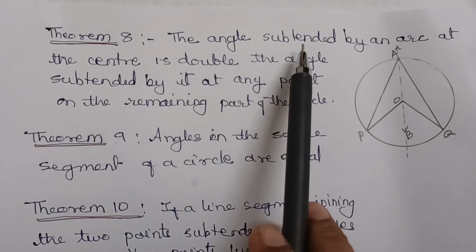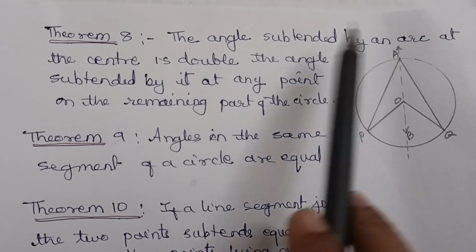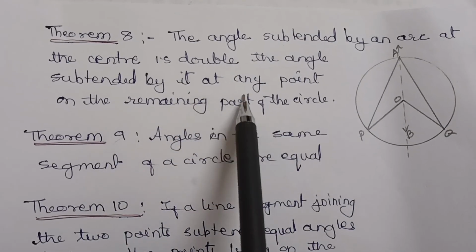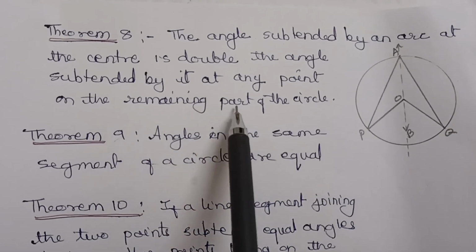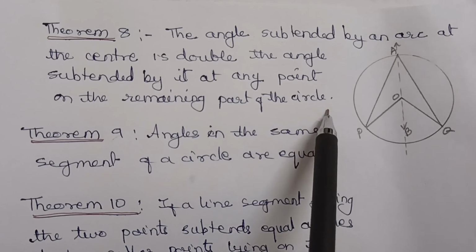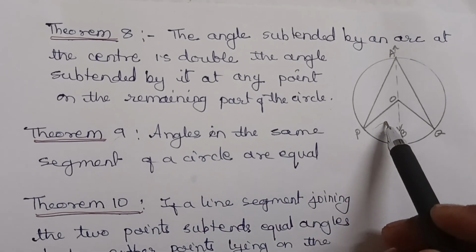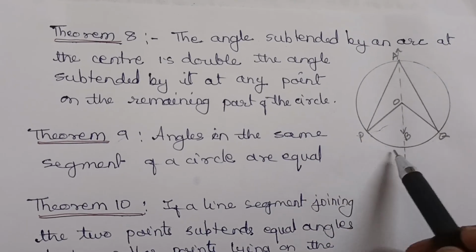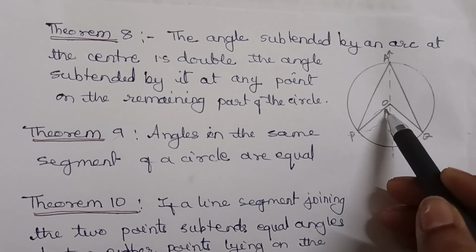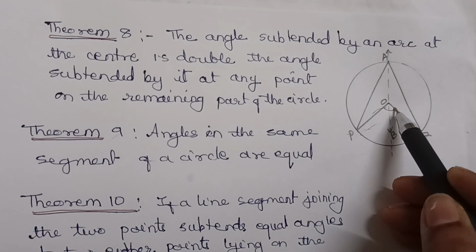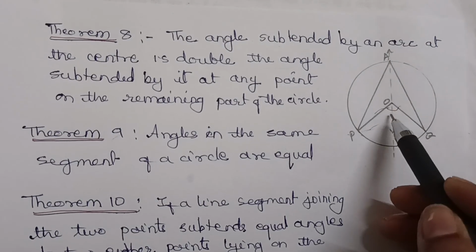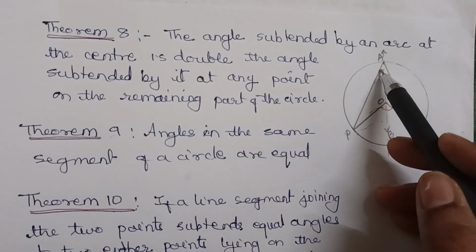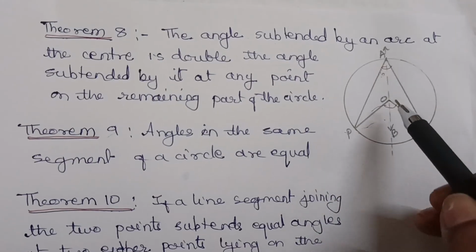Theorem 8. The angle subtended by an arc at the center is double the angle subtended by it at any point on the remaining part of the circle. This is an arc. If you consider this PQ as an arc and this is an angle, then the angle subtended at the center will be double the angle subtended by any point on the remaining part of the circle.